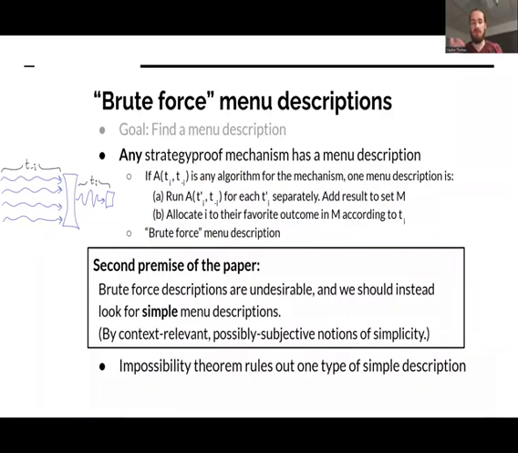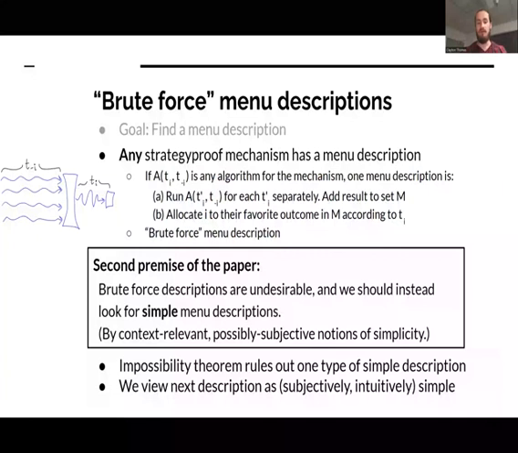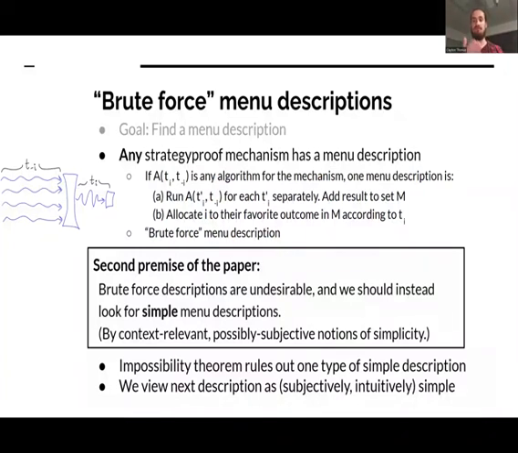This is some formal way to measure simple descriptions. But the description I'll present next in the main positive result of the paper, we view as subjectively, intuitively simple. Even though it also satisfies certain formal properties, I really think that for descriptions, the best way to evaluate them is always going to be inherently by the viewpoint of an individual person.